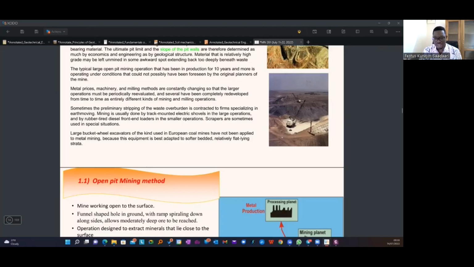So metal prices, the machinery and milling methods are constantly changing, so that the larger operations must be periodically re-evaluated, and several have been completely redeveloped from time to time as entirely different kinds of mining and milling operations.